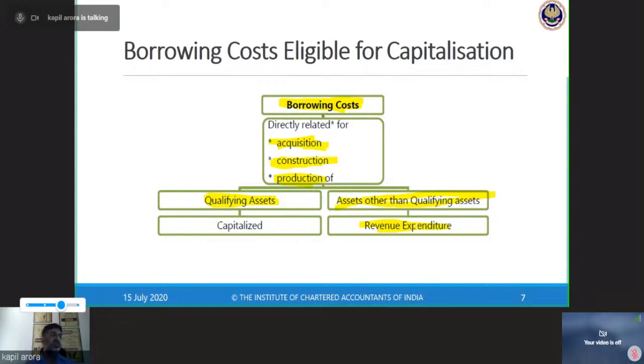If we purchase a Boeing which is already ready for use, if we have purchased the asset which is already ready for use, then in that case we are going to consider it as not a qualifying asset, right? If it is already ready for use, we are not going to consider this as a qualifying asset, and we will not add interest on that asset.